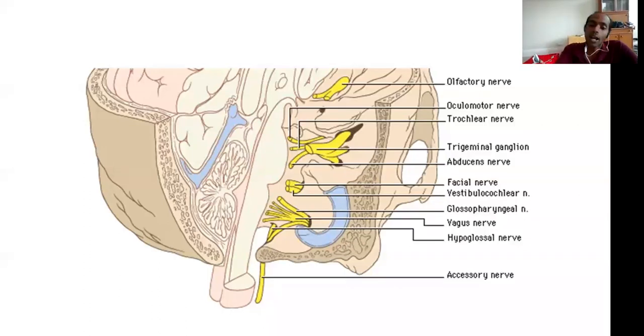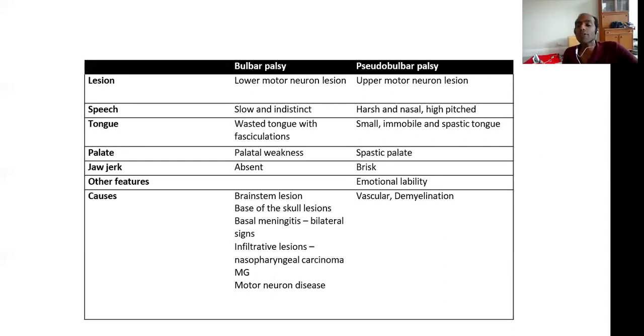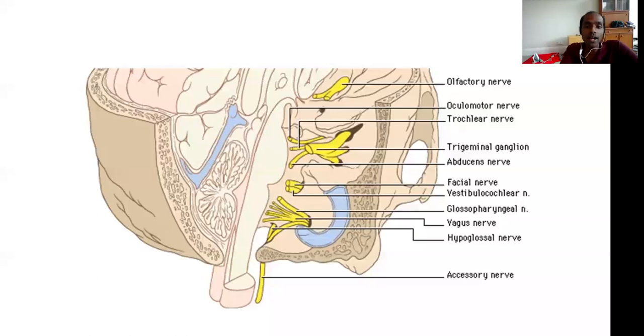So, lower motor neuron lesions of these bulbar cranial nerves can be due to a lesion anywhere from the exit of these cranial nerves in the brainstem to the exit from the skull base. All of these we will relearn when you come to professorial appointments, because we need to show you a case and explain some of the localizations, because they can be slightly complicated.